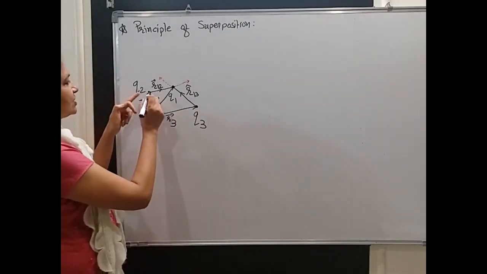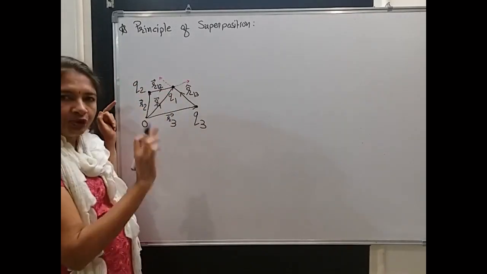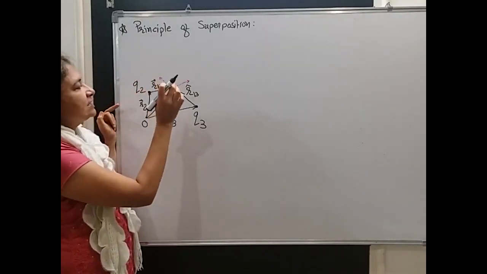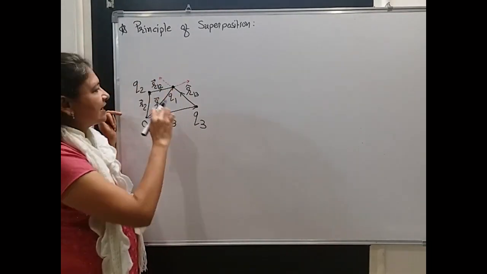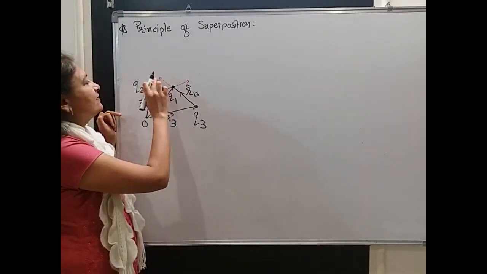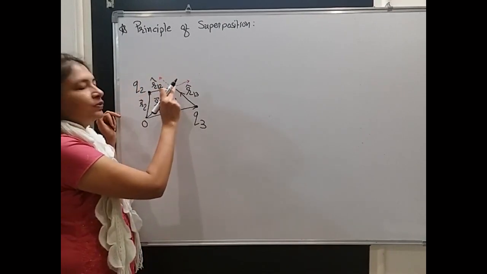The distance between Q1 and Q2 is r12. This r12 is the distance between 1 and 2, and this is the direction of unit vector r12.